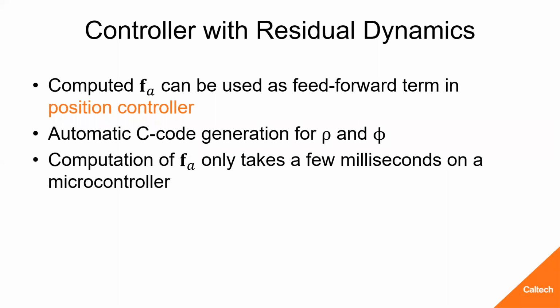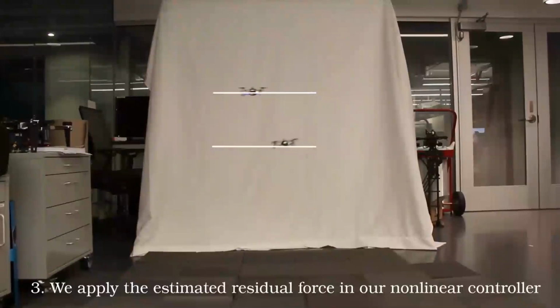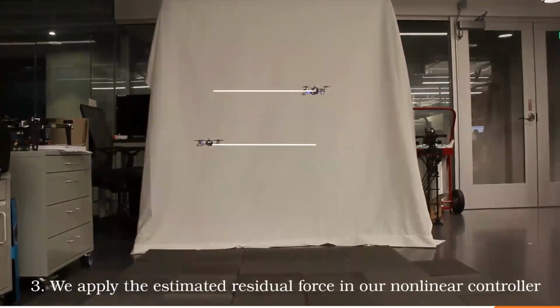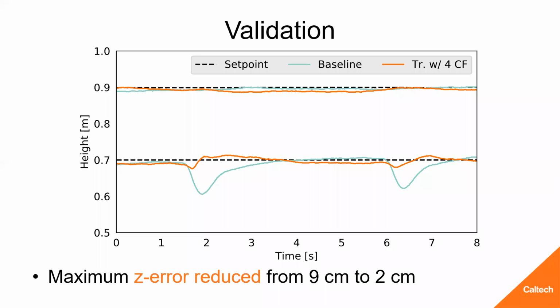We can generate the C code for those deep sets, and then on our really tiny microcontroller, it takes just a few milliseconds. If you apply it, that's how it looks. You see there's nearly no error in C. You can see a little bit of jerk because it also gets an error in orientation, but it's quantitatively significantly better. For example, instead of 9 centimeters, it's just 2 centimeters, which is great.